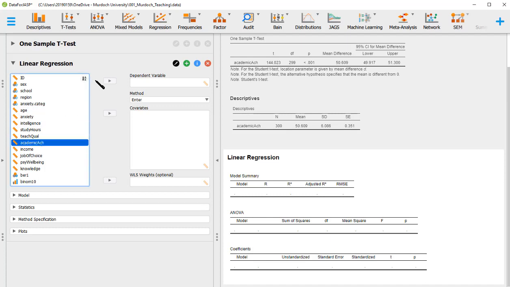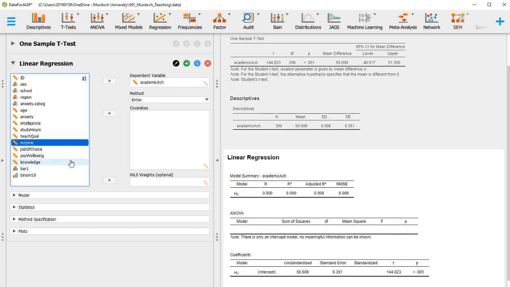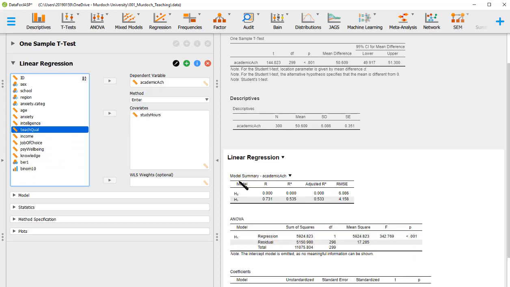So we put academic achievement as dependent variable, and now we have a predictor variable, let's say study hours. So basically, if we think in terms of the causal model, the number of hours of study causes academic achievement, and we are here doing the linear model in which we have this predictor.